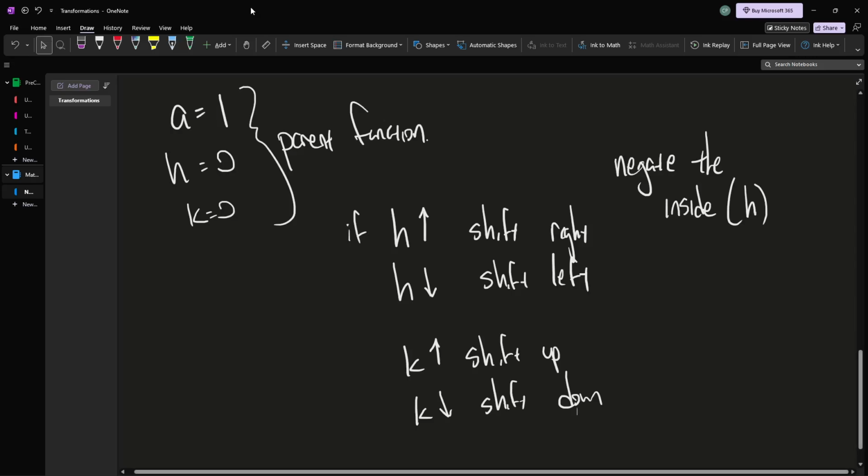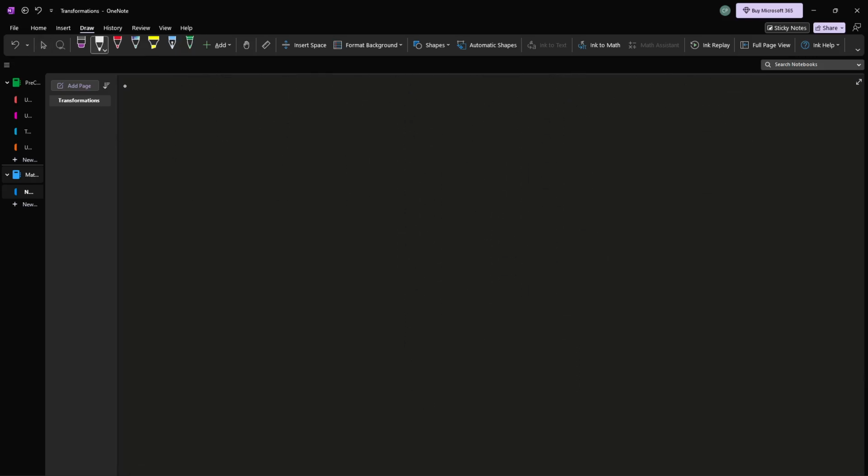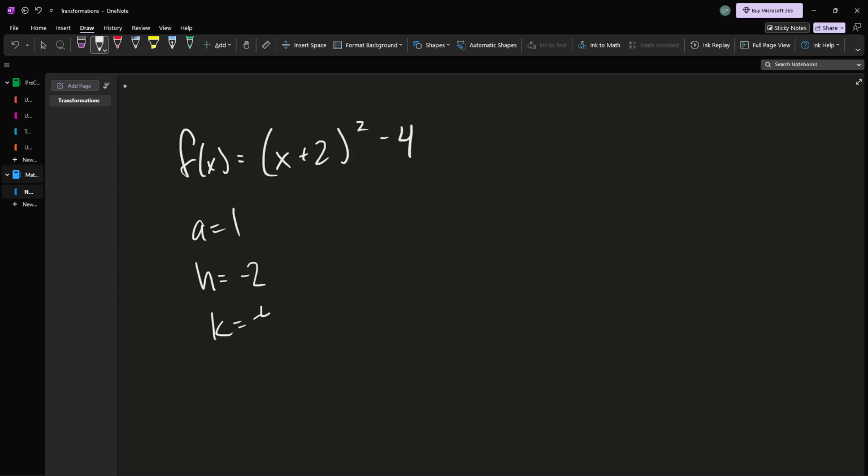So I have f of x equals x plus 2 squared minus 4. We know a is still just 1, h is negative 2, k is negative 4. So what happens here? I know that since h is negative 2, I shift left 2. And since k is negative 4, I shift down 4.